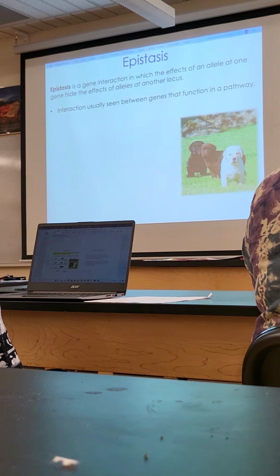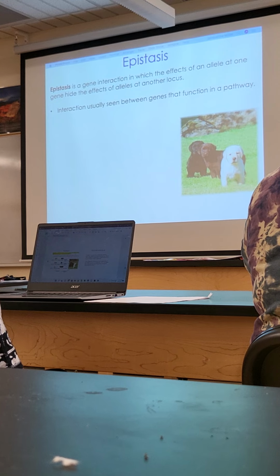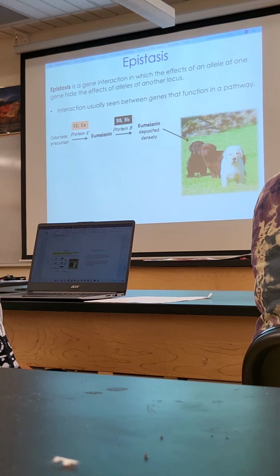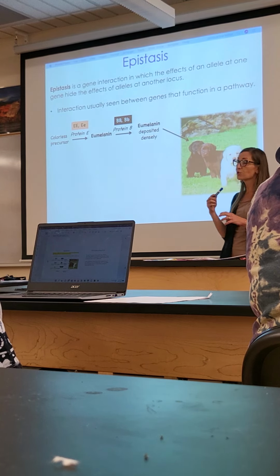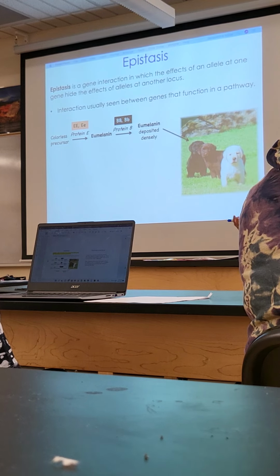So to give you the molecular explanation, again, it's a pigmentation pathway, so we're talking about production of pigment. The E gene produces a protein that makes eumelanin, which is what gives you that dark color.